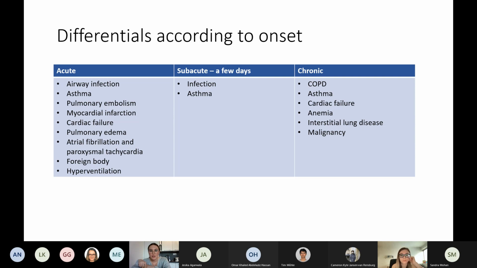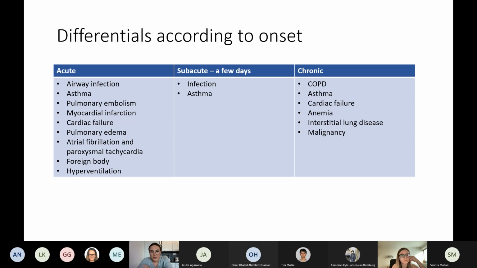And then you have the chronic causes of dyspnea, which are COPD and asthma, and these two have pretty similar manifestations, but you would see COPD more in the older population, and asthma is more common in the younger population.